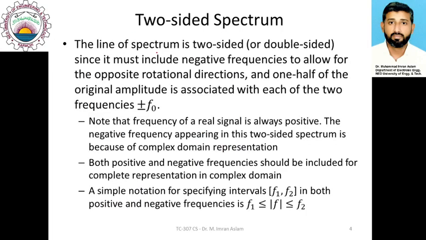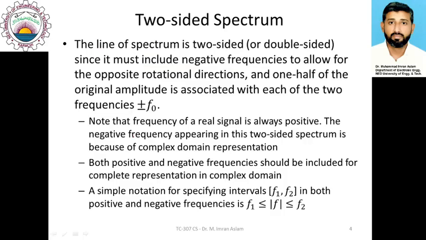So you should see that the line spectrum that we get now is a two-sided or double-sided spectrum, because it must include the negative frequencies as well, and this negative frequency is coming from the fact that we have an opposite rotational direction for the phasor that we used to represent in the expression as well as in the phasor diagram. Secondly, one half of the original amplitude is associated with each of the two frequencies, that is plus f0 frequency and minus f0 frequency.